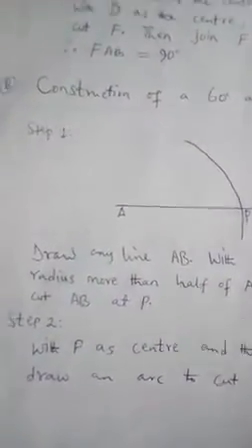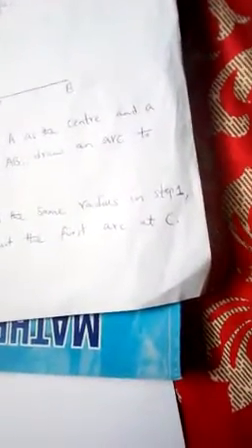You draw an arc to cut AB at P. So you place your compass here, and draw your arc to cut your AB and give it a name P. Okay, with P as center and the same radius in step 1, draw an arc to cut the first arc at C.